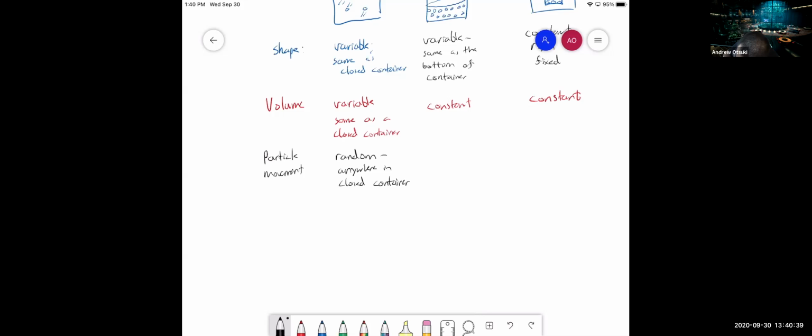Let's talk about liquids. So the movement for a liquid is very limited, right? Beneath the surface, the movement is independent of each other. Independent. Beneath the surface, you have independent movement, so it can go anywhere, but it's limited to the volume of the container.